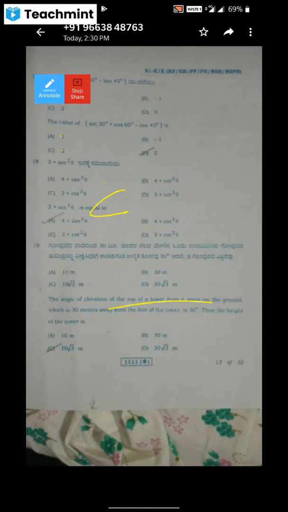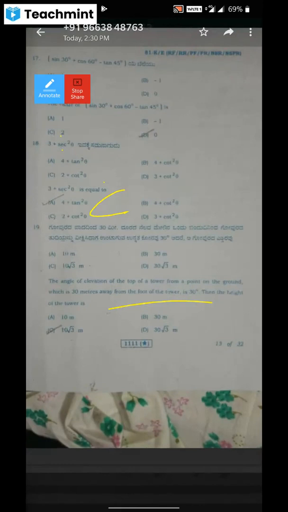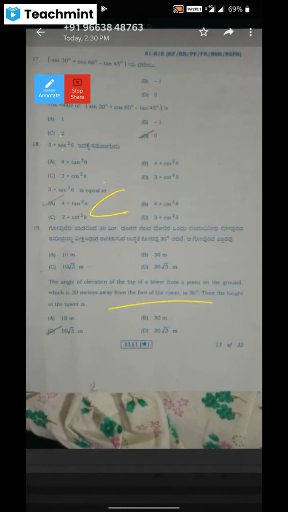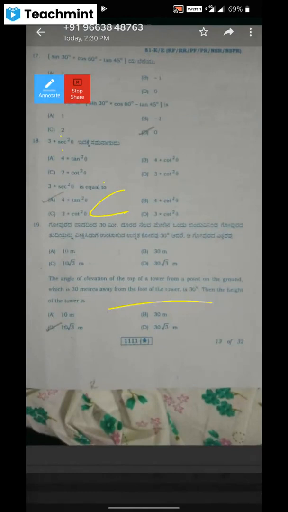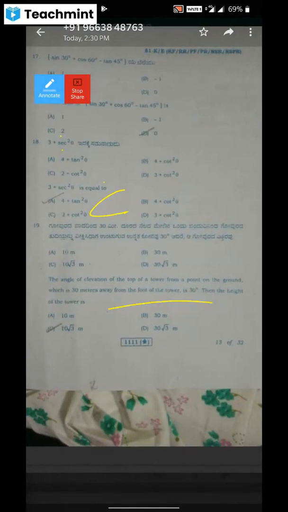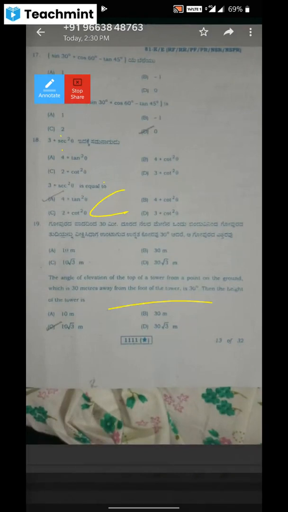The angle of elevation of the top of a tower from a point on the ground which is 30 meters away from the foot of the tower is 30 degree, then the length of the tower is. So 30 is the adjacent, theta opposite is the height of the tower.